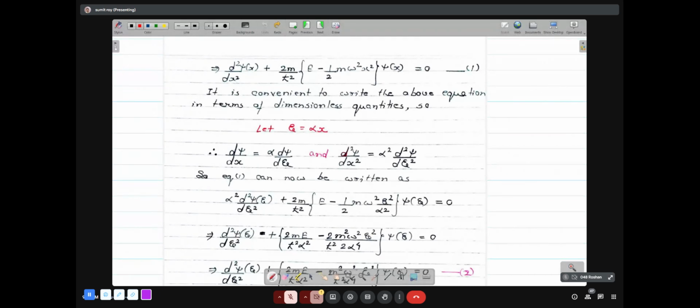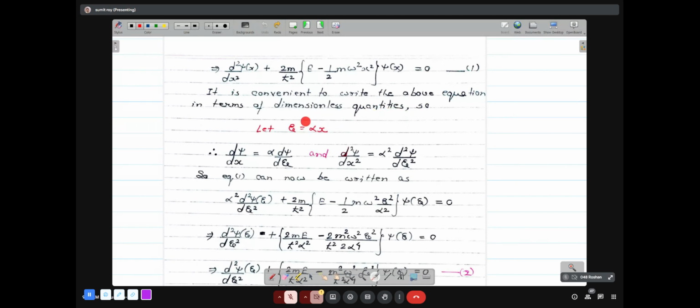So we try to see whether we can transform this equation to some known format of differential equation, so that I can use the standard results of that differential equation. So what is done here? It is convenient to write the above equation in terms of dimensionless quantities.